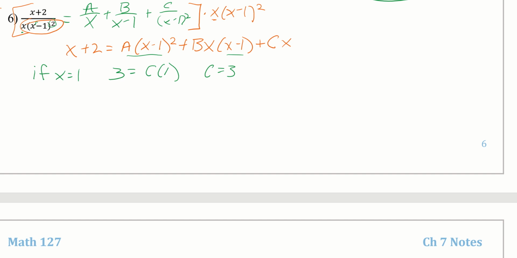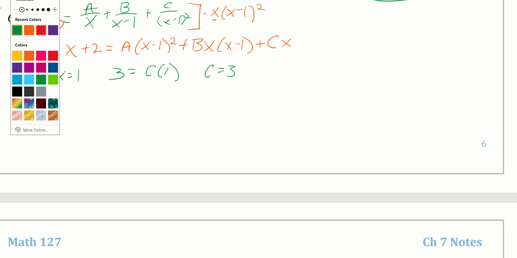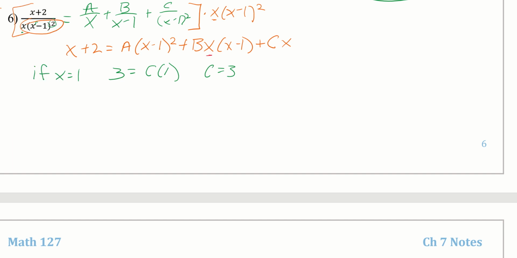Again, that's because if I plug in a 1 here and I plug in a 1 here, both of those go away and leave me with just c. Now, very similar, if you notice other factors, is there another factor that is common between 2 of the 3 that we haven't solved for yet? And the answer is yes, right? This has an x and this has an x.